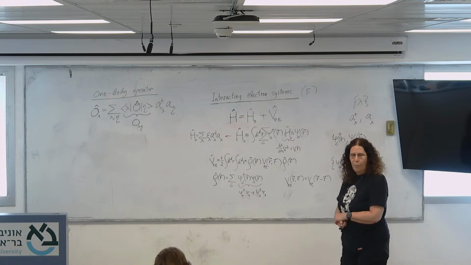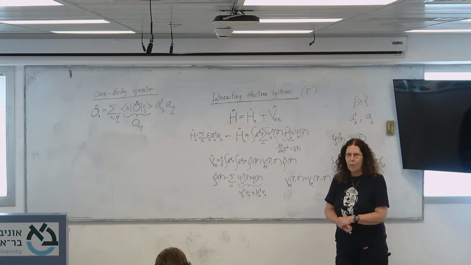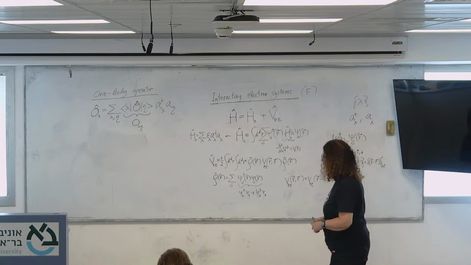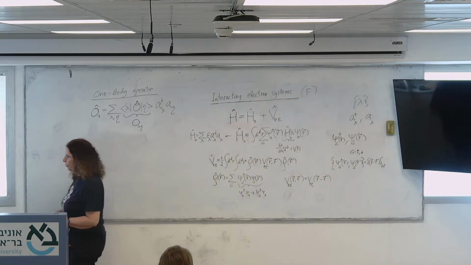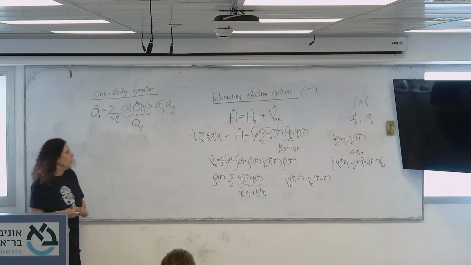For example, if the interaction is really Coulomb interaction, what is V_ee? Let's write it down.